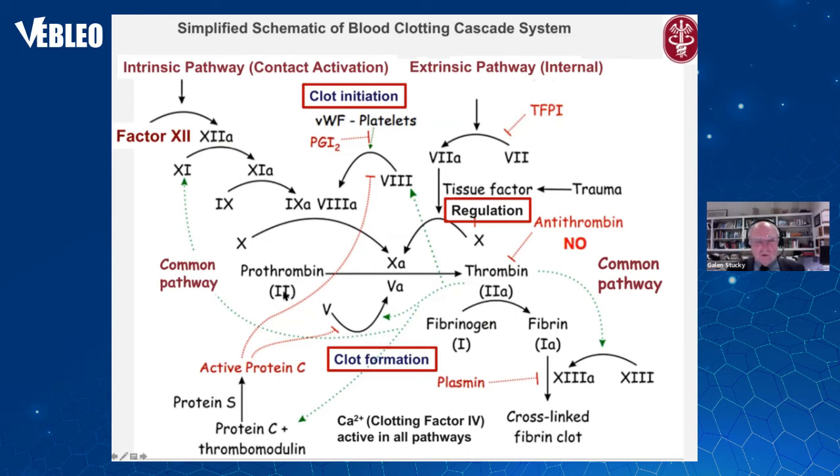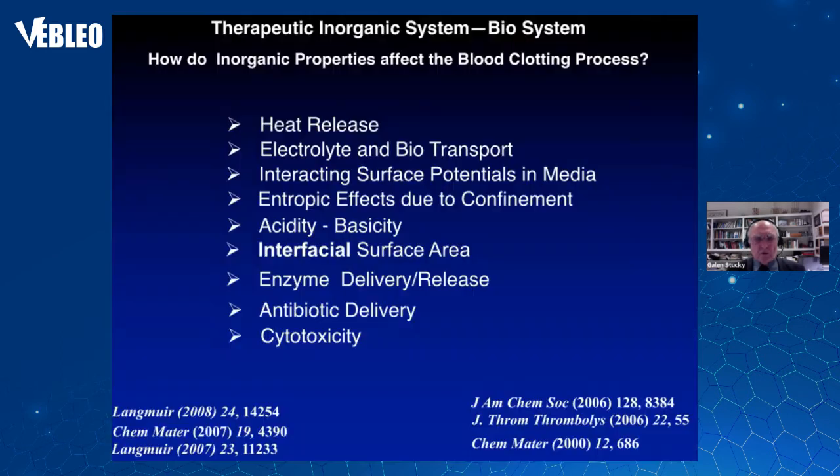It feeds back into the clot initiation, it also controls the formation of the clot, and it also controls the anti-clotting and the regulation part with various agents. So all this is brought together. But basically, the important thing here is there are three pathways. If you want to understand what the inorganic is doing, you have to understand which pathway it's going to use.